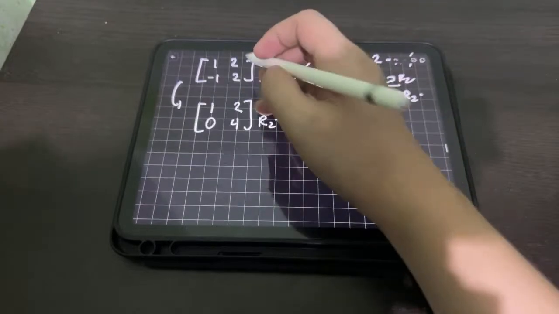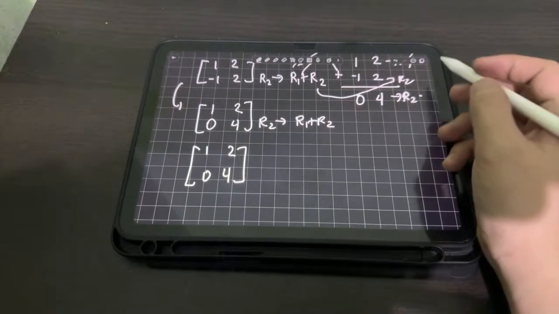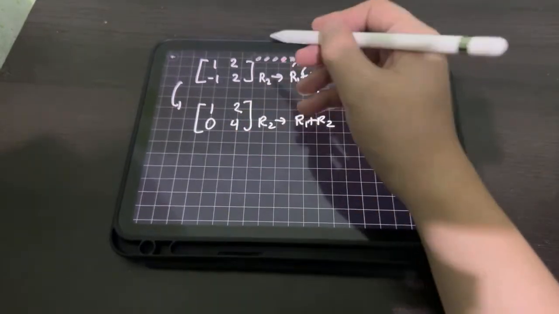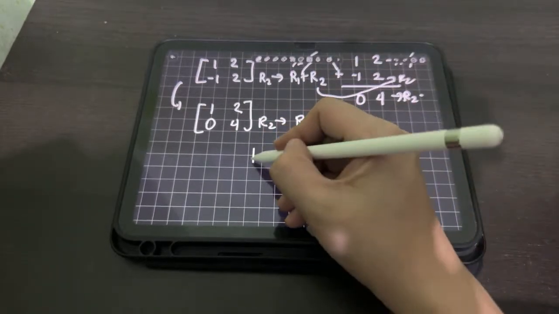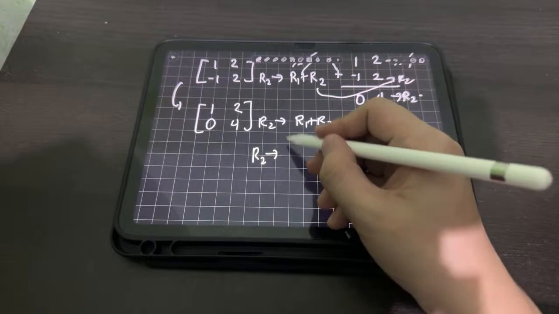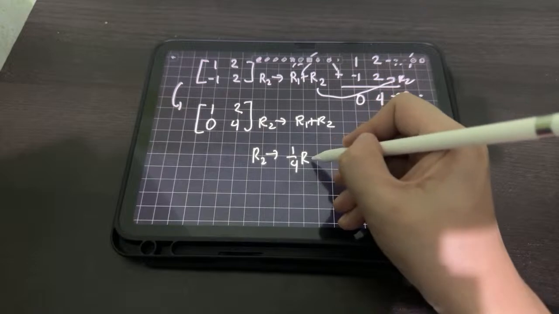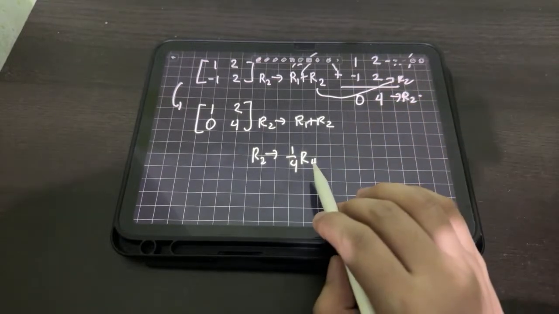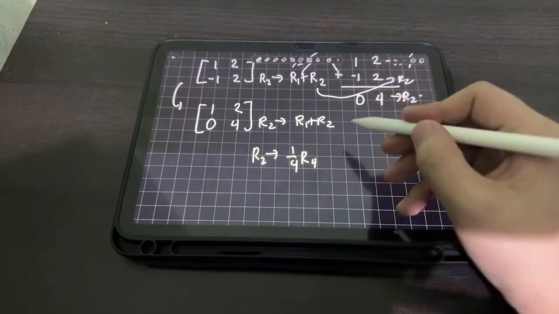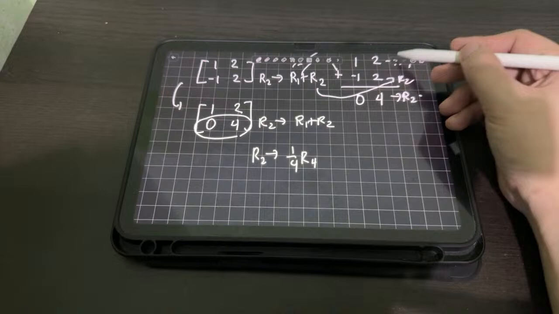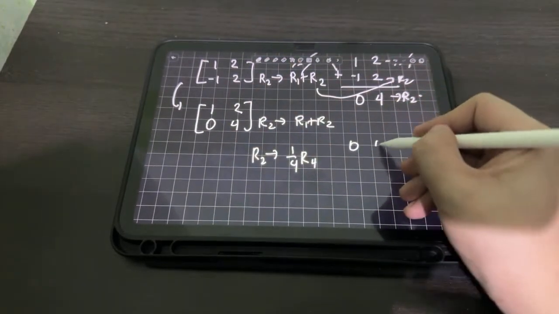So therefore, the next goal here is to make this 4 equal to 1, and it can be done by multiplying row 2 by 1/4. Applying the second elementary row operation. So if we do this, list down the entries in the second row, which is 0, 4.